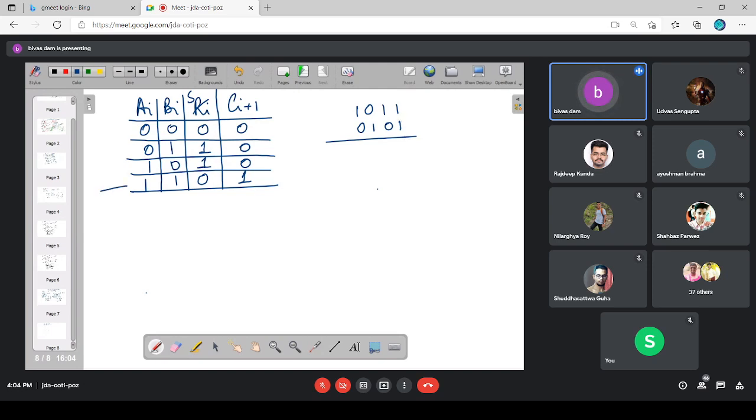So that means I am going for this input combination. There the sum or the result is 0, and 1 plus 1 means the carry is 1. What is the carry output? By the nomenclature of the carry output, C, what is the value of C1?